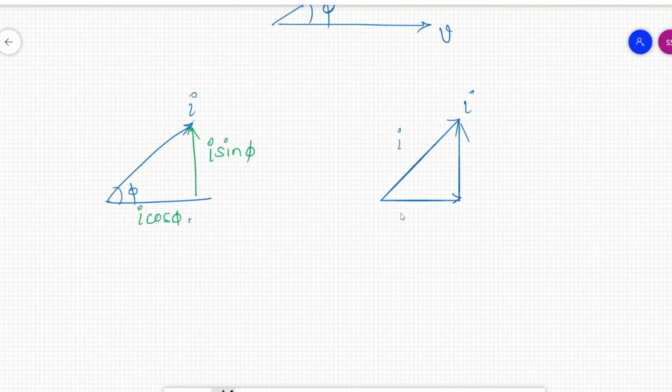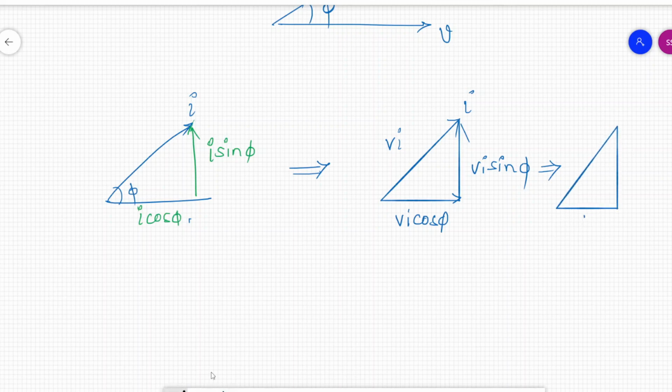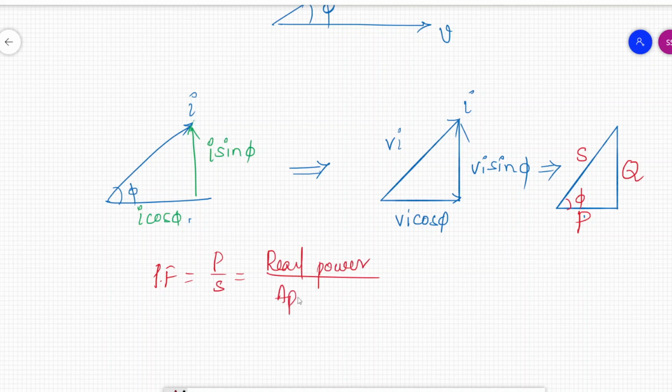So this will be V into I, this will be VI cos phi, and this is VI sin phi, which is nothing but our power triangle. The base will be real power P, the height will be reactive power, and the hypotenuse will be our apparent power. So here the power factor will be the same, that is P by S, real power by apparent power.